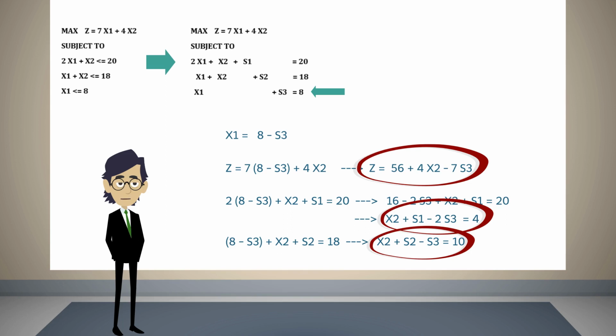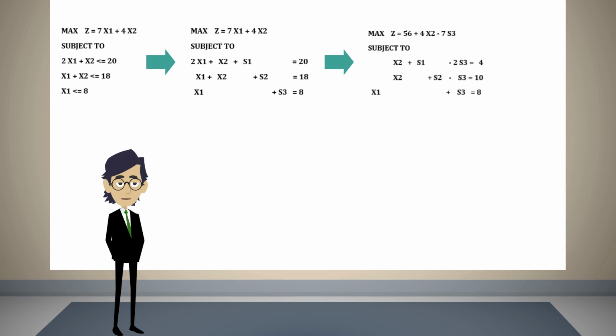On the other hand, we will substitute these equations in the objective function and in the first and second constraint respectively, and we will arrive to the following expressions. Even though the expressions are different, this system of equations is totally equivalent to the previous one. As we did before, we will set some variables equal to 0, which in this case will be x2 and s3. And we will quickly arrive to the solution.